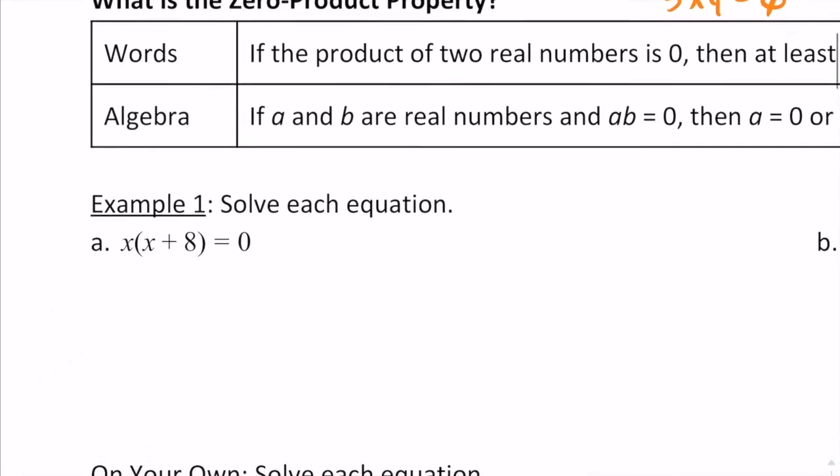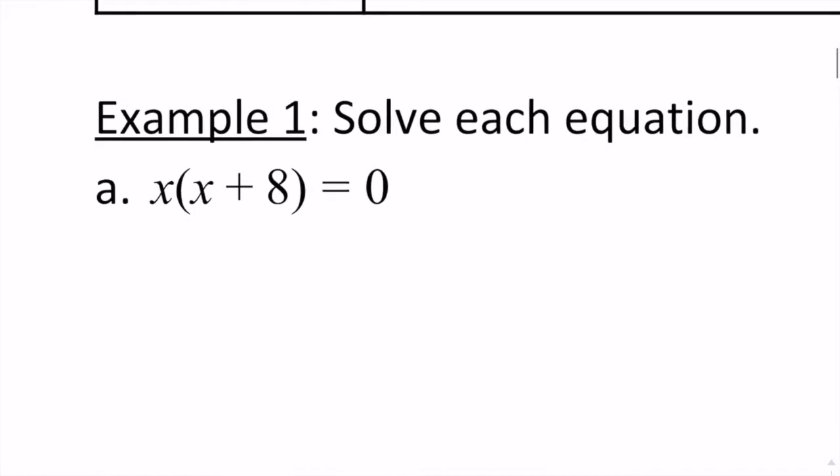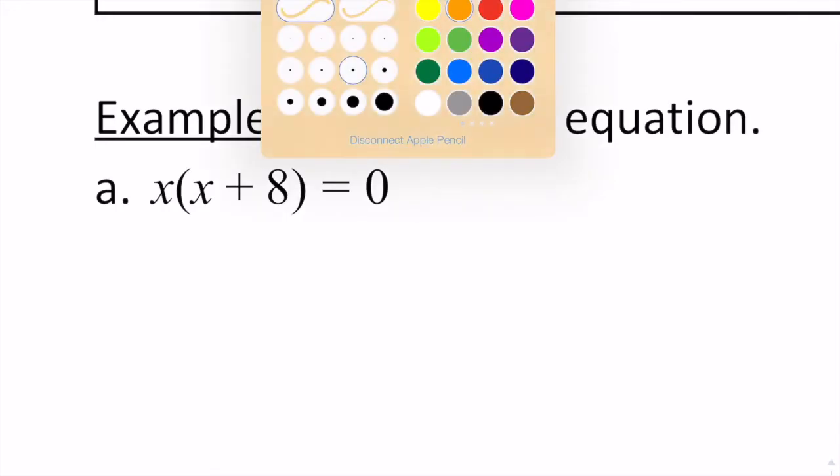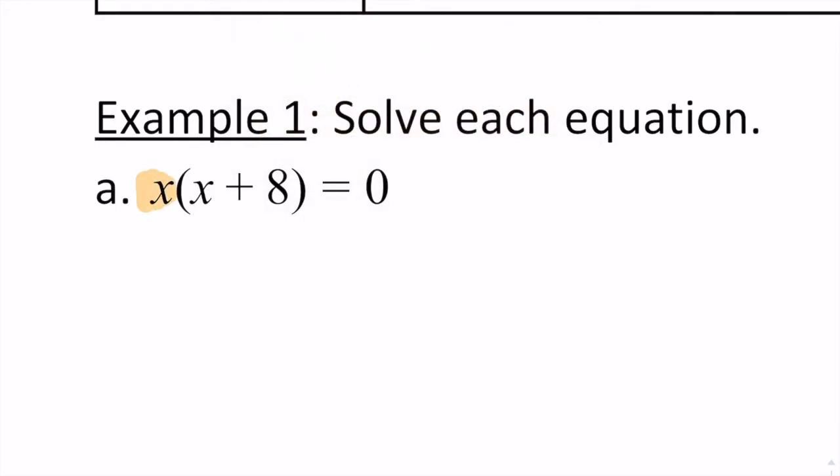So for example, I have x and x plus 8. So remember, I want to use a highlighter. It is a product, right? So I have x times x plus 8 equals 0. Those are my two factors. So I set both of these factors equal to 0. In this first one, I have x equals 0, so that's already solved for.